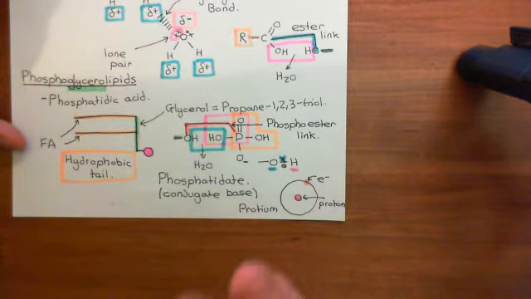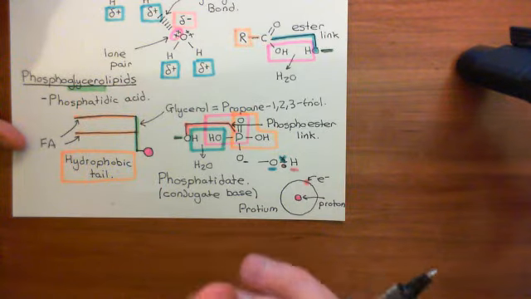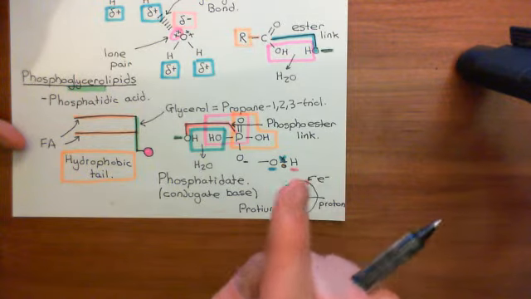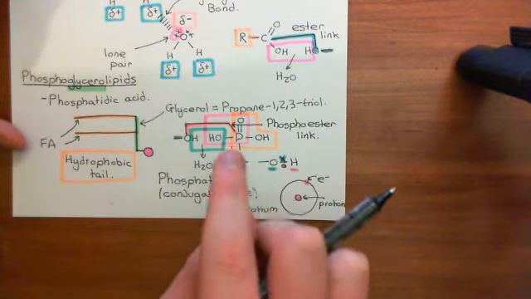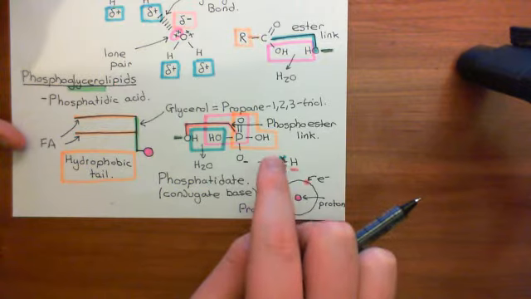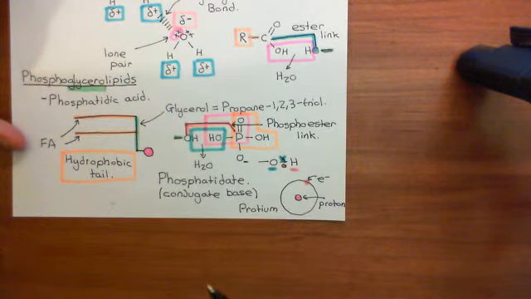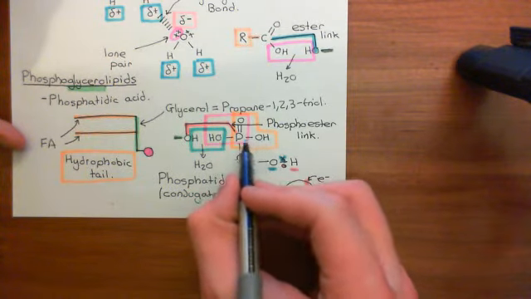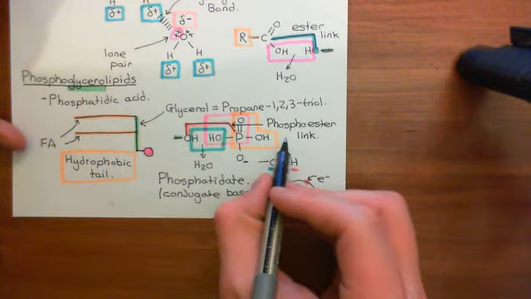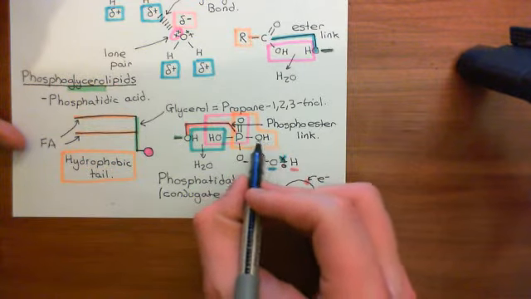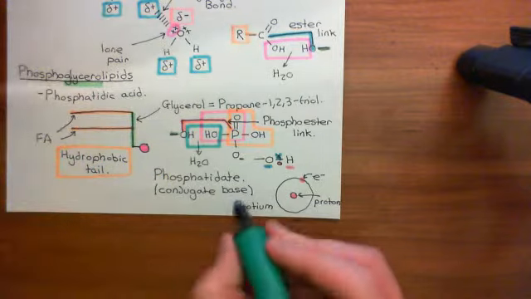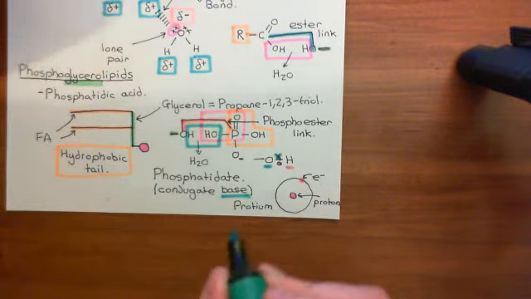This is a running theme for all acid molecules: once they've donated their proton away into solution, they have a negative charge, and they are no longer an acid molecule because they can't donate another proton away into solution. Instead, they've become a base, because this negatively charged oxygen here, or more generally the negative charge, can accept a proton out of solution, and the definition of a base is a molecule which can accept a proton out of solution.